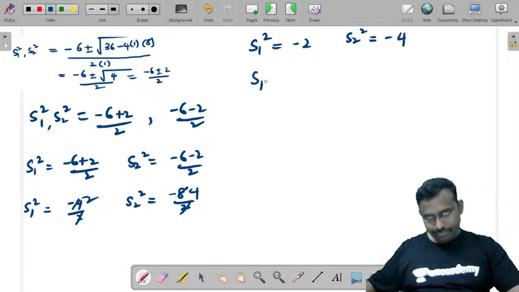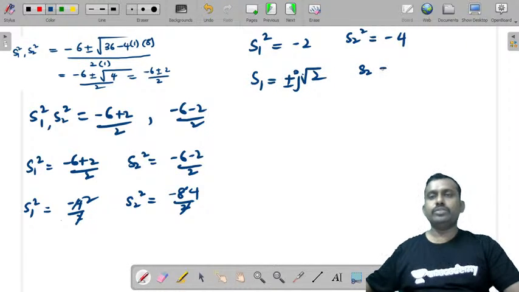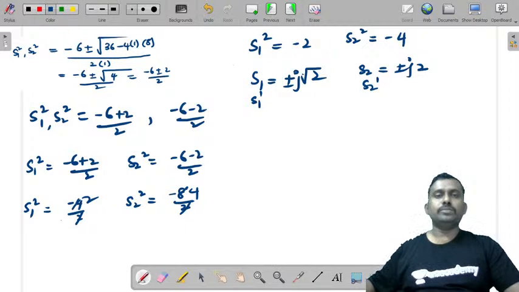So s1, two roots, s1 square, right? So this is s1 if you are trying to write full roots. So s1 is plus or minus j root 2. s2 is plus or minus j2. Here if you observe, this is s1 and s1 dash, s2 and s2 dash roots.